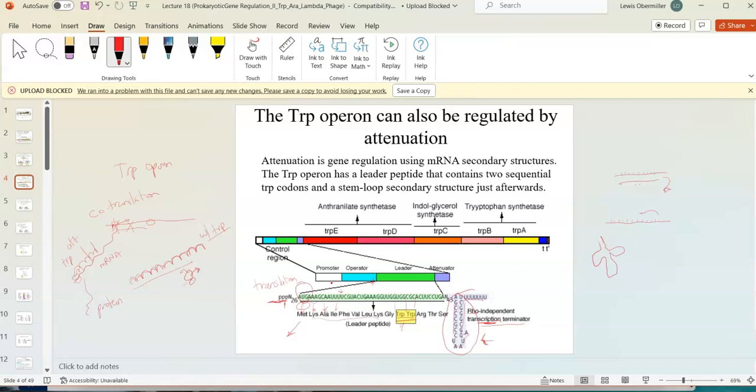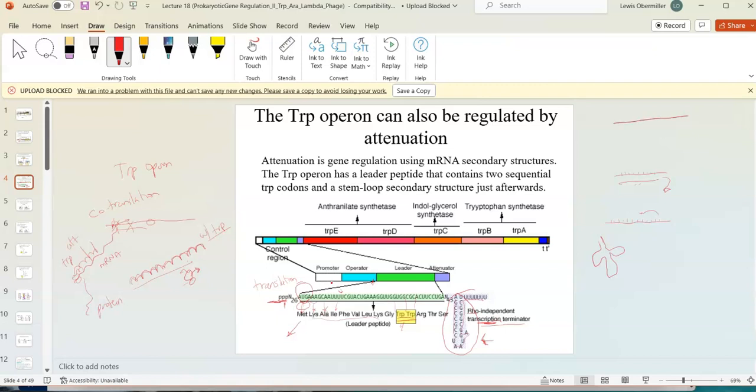If tryptophan is present, we don't want to make this gene. We want to terminate transcription. So if the ribosome speeds through there, if there's tryptophan present, it's going to kind of knock off the polymerase.